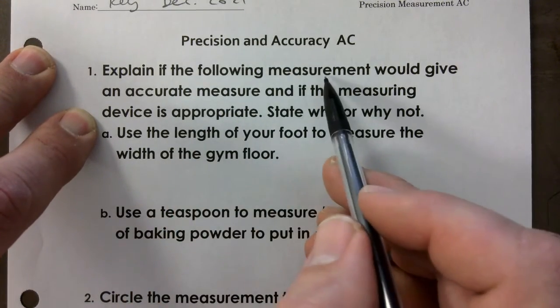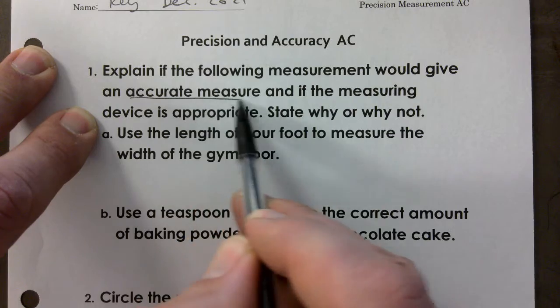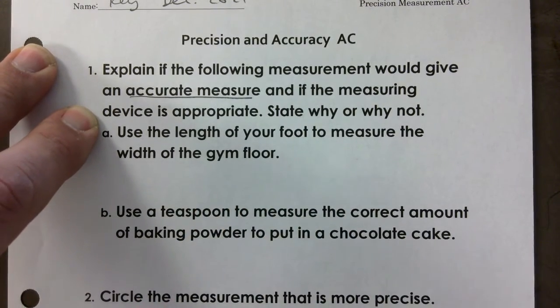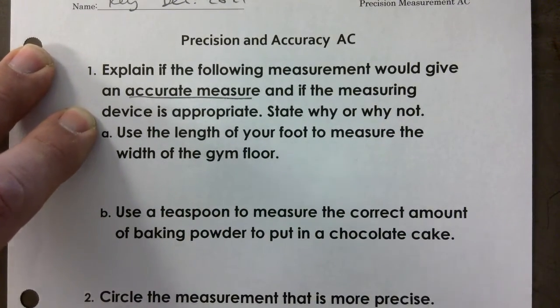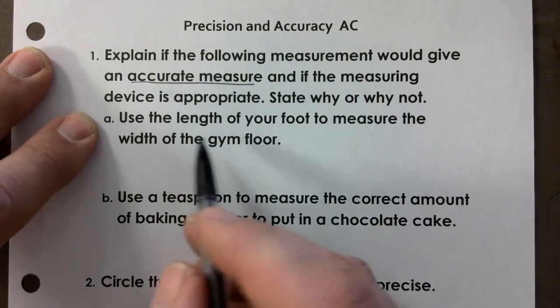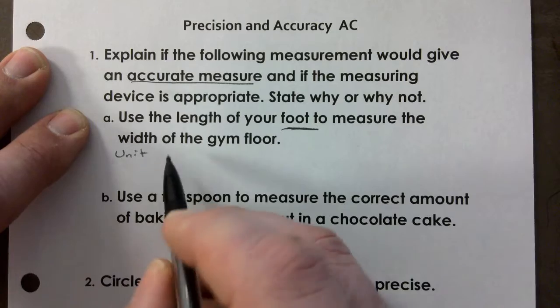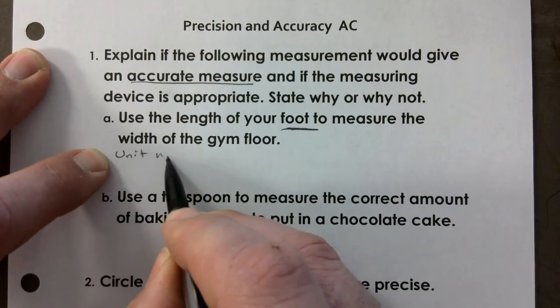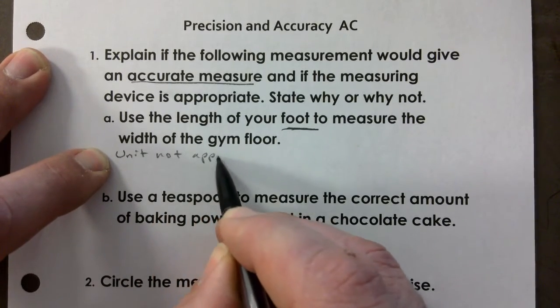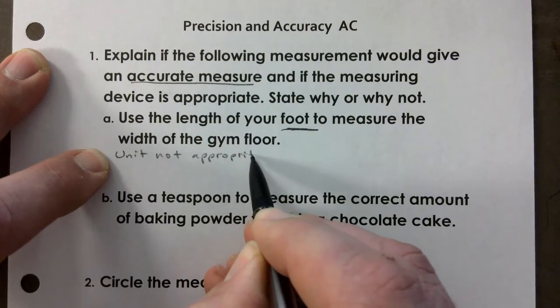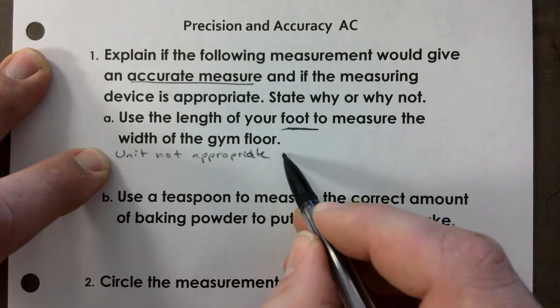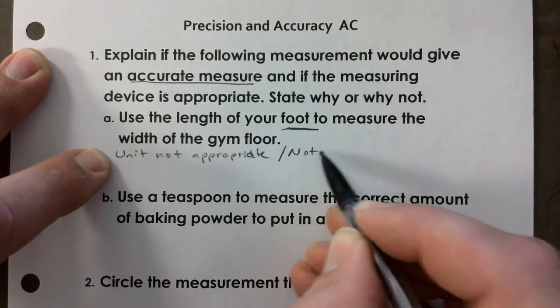So it's asking us if it would give an accurate measure, if the measuring device is appropriate, if the scale is appropriate. In this case, you're using a foot. So the unit is not good, not appropriate, or you can say not standard.